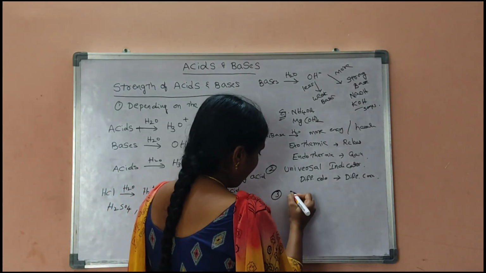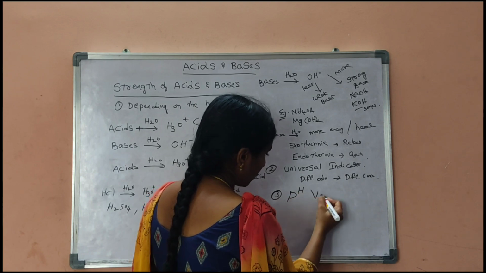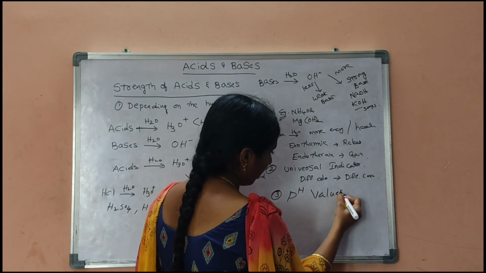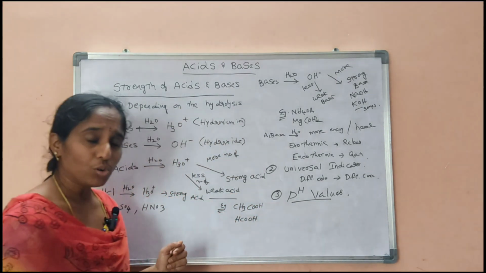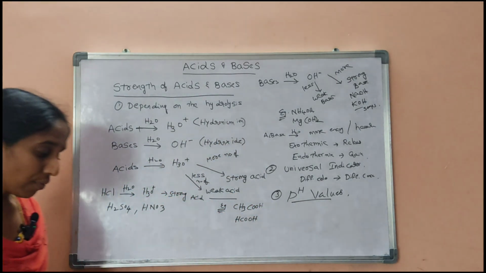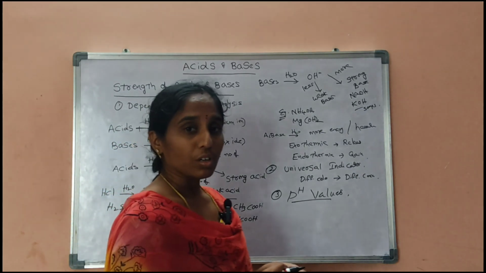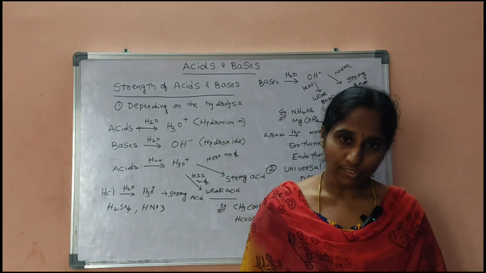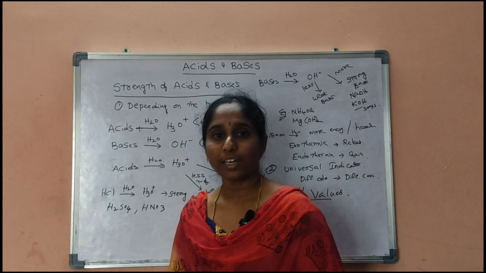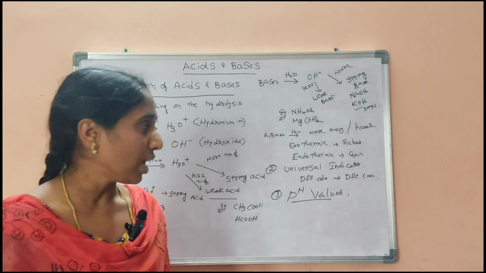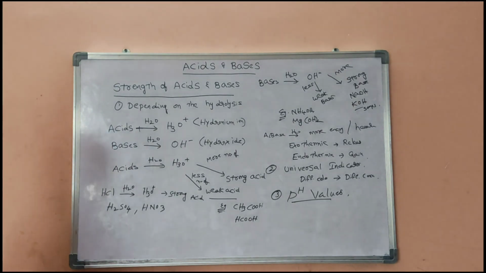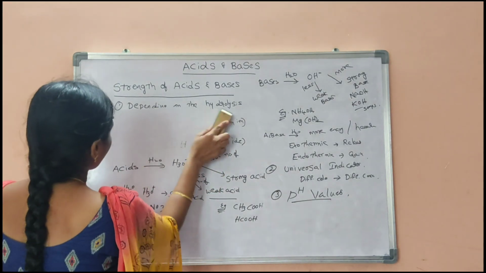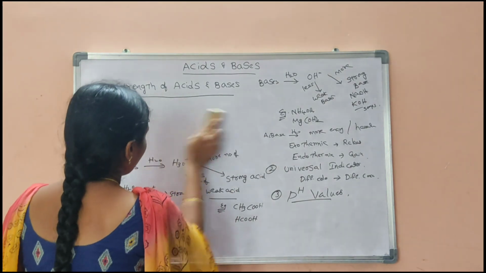Third one is pH values. How do you know the strength of acid or bases? Depending on the hydrolysis. Second one, universal indicators. Third one, pH values. Okay? Acids react with water.